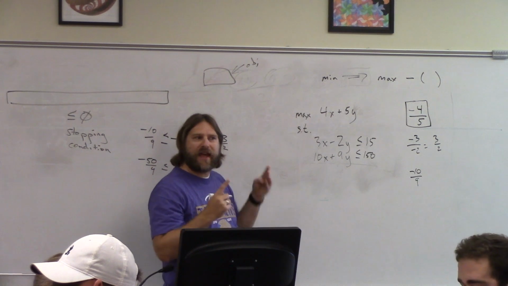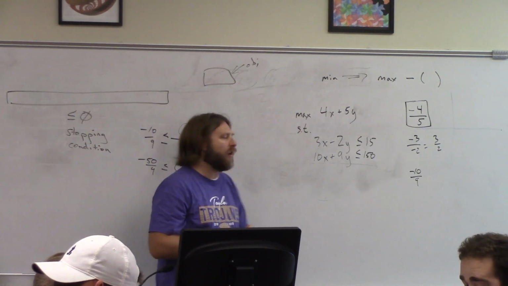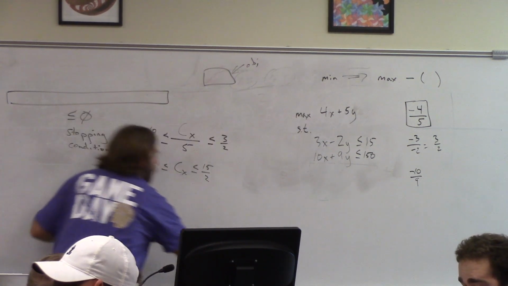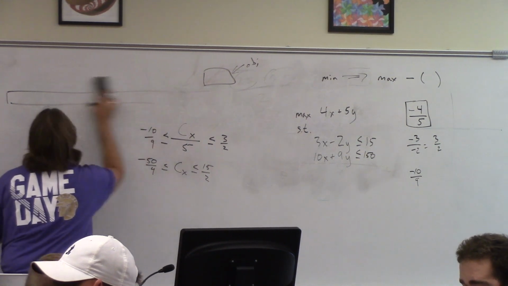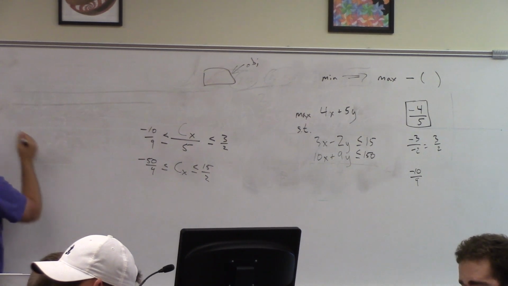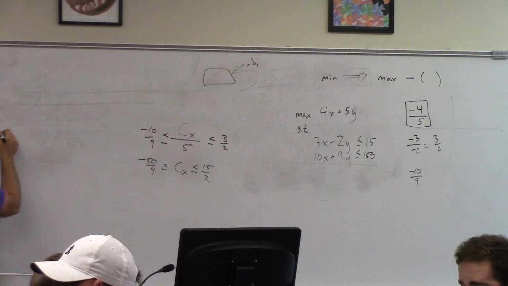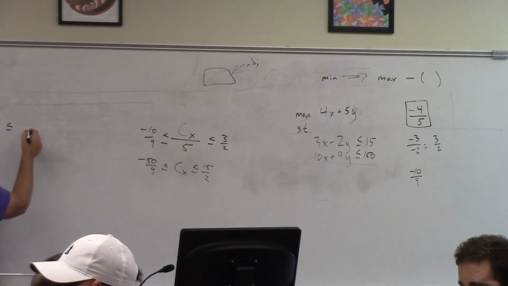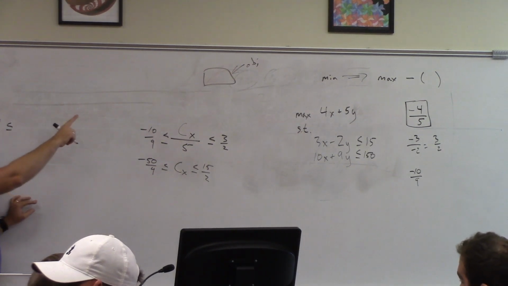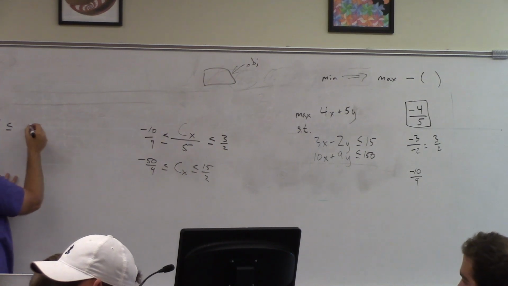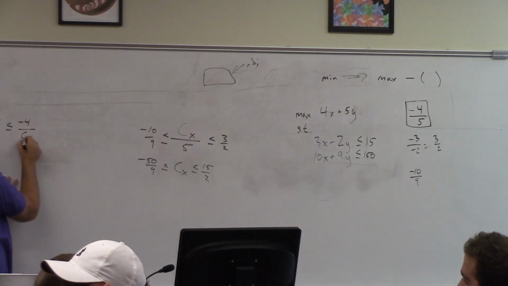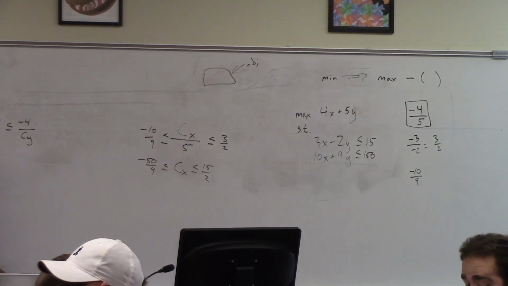And we can do the exact same thing for our y. Negative 10/9 is less than or equal to, now we're going to hold our x coefficient the same, so that's negative 4, and we're going to allow our y coefficient to change.